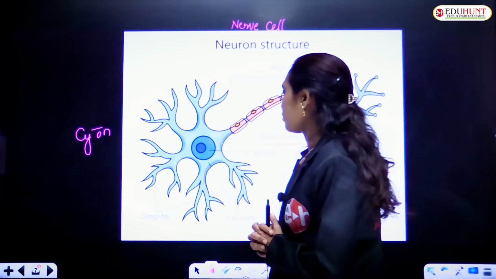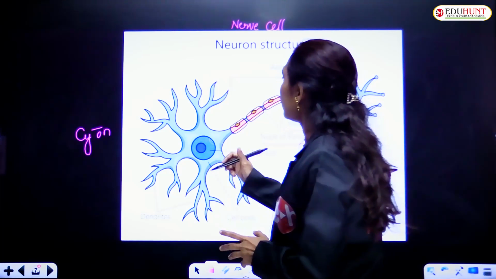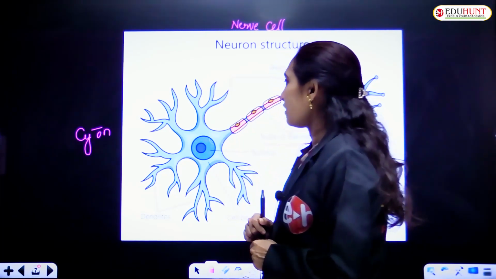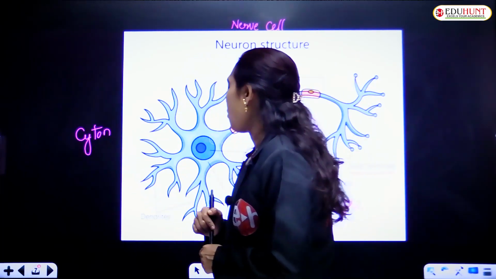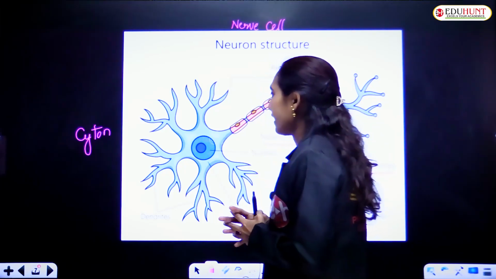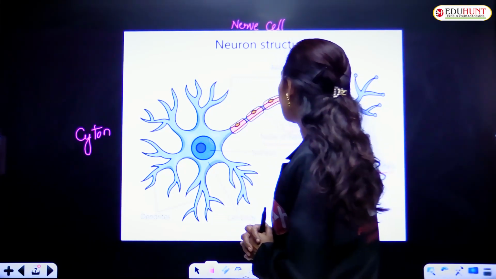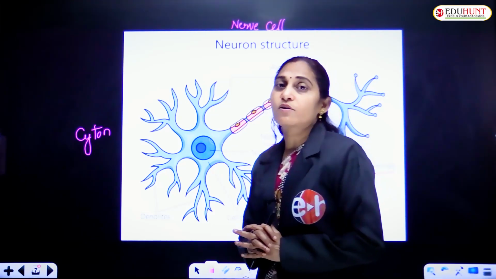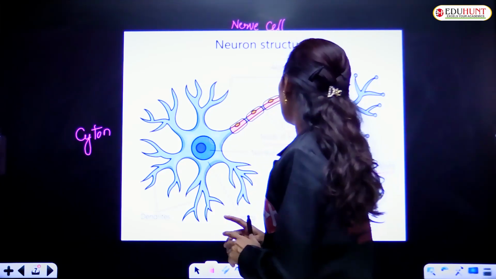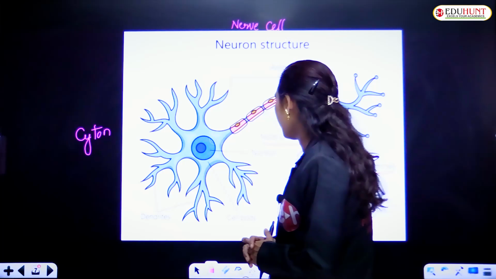And this is the structure in brief: the cyton, which is the body of the neuron, extends in the form of a fiber called the axon, and the axon has a layer called the myelin sheath, and it has nodes of Ranvier.